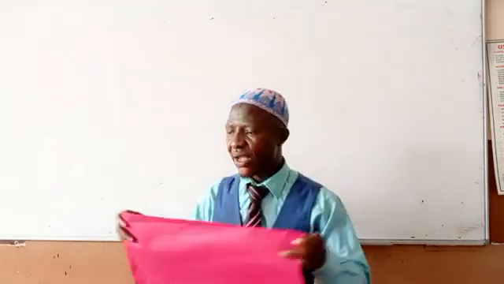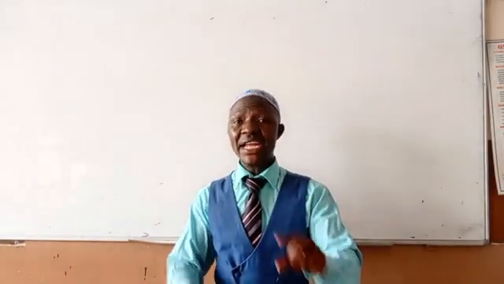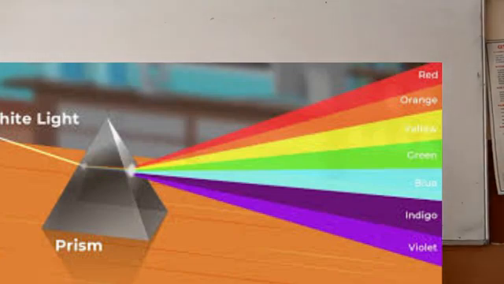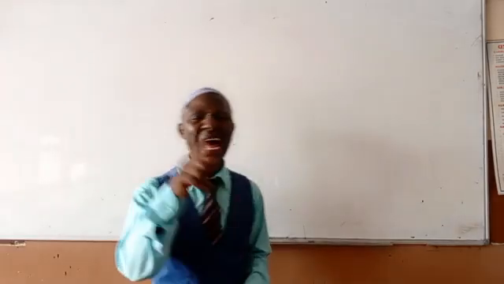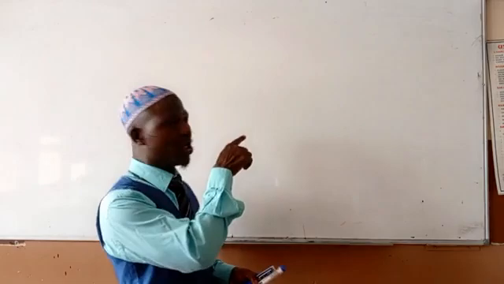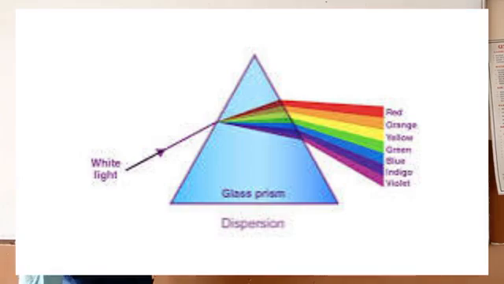That shows that white light comprises many colors. But any object we place under it, we see that object with the color that it can reflect out of the colors of the spectrum. That's why if you allow that white light to pass through the glass, as you can see, because they are now getting into the glass, they will move with different speeds.